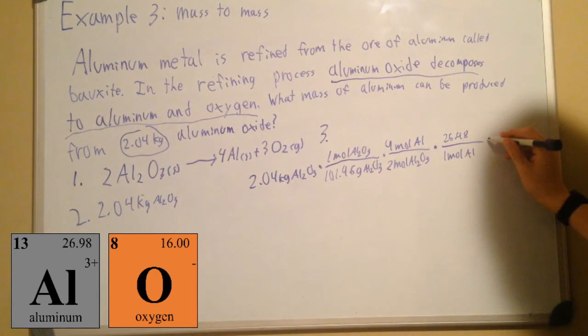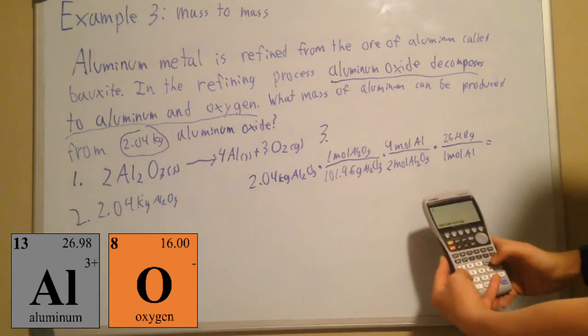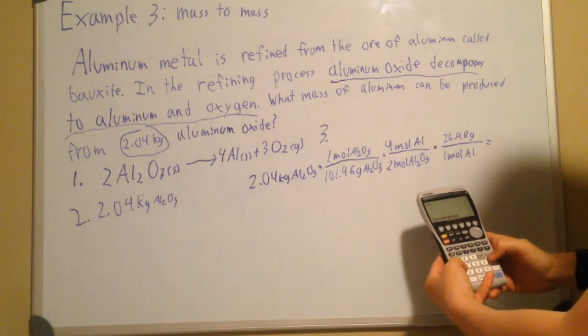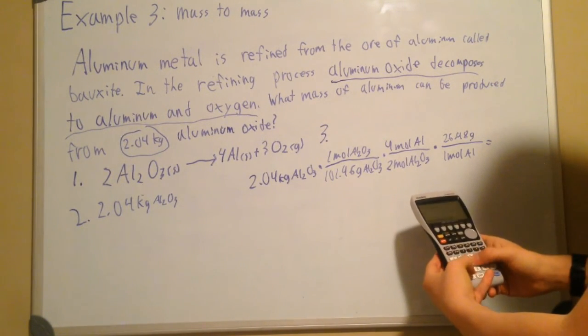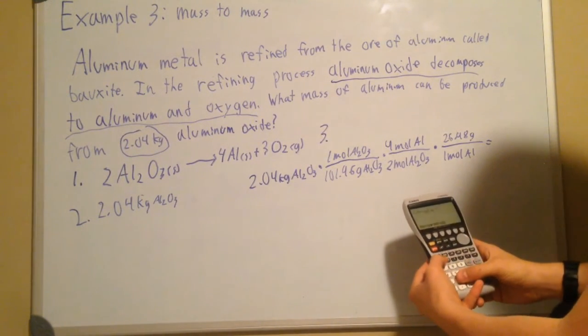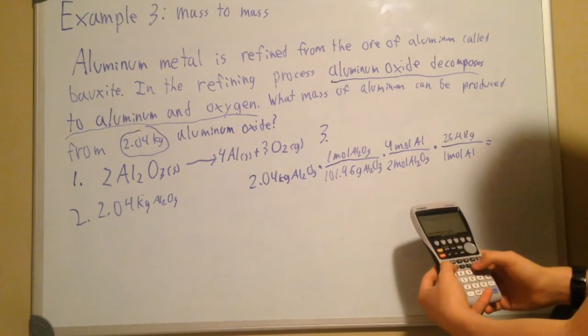And all that's left is to put that into your calculator. 2.04 kilograms times the 1 mole of aluminum oxide over 101.96 grams of aluminum oxide times the molar ratio, 4 to 2, and finally by the 26.98 grams per mole.